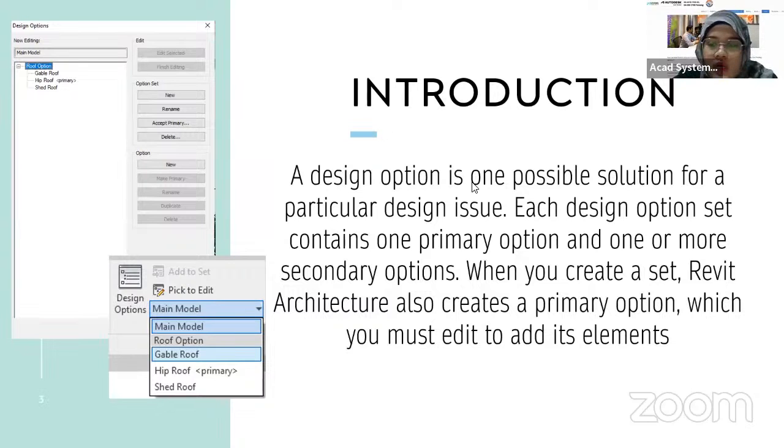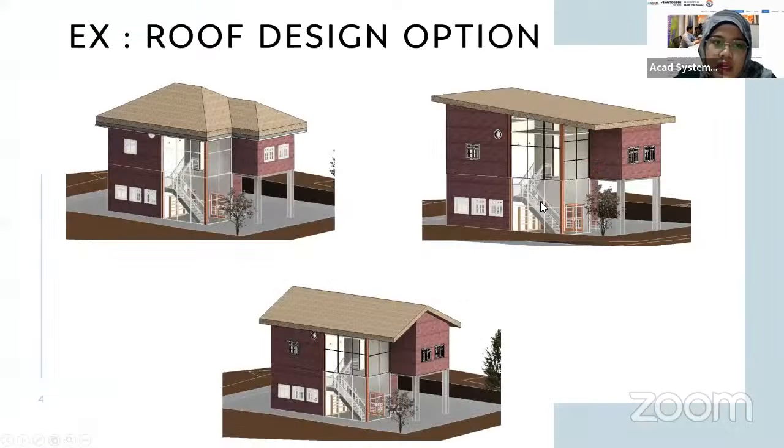Okay, so basically, design option is when you want to create a different design. For example, you want to create a different shape or different type of roof in the same model.